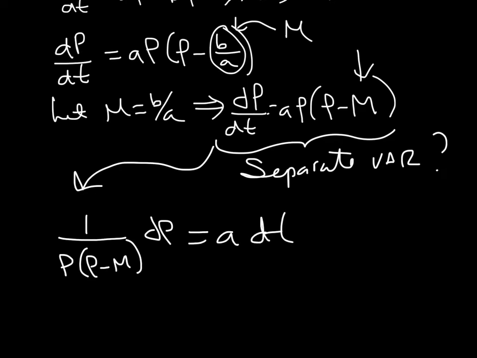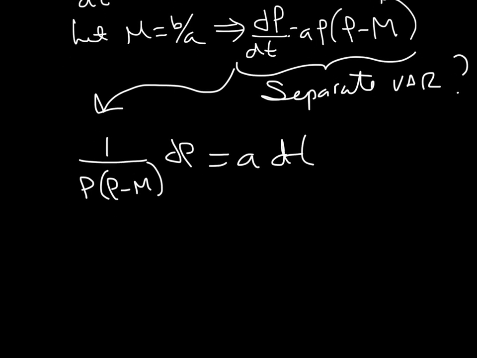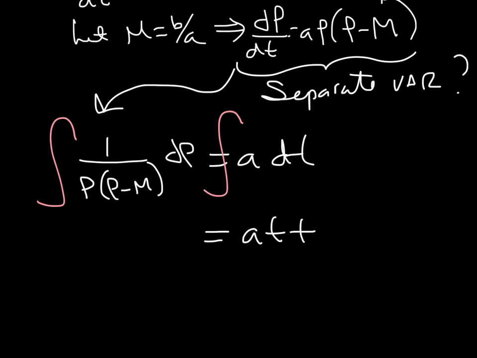And if you want to write your dP where that 1 is, in the numerator, that's fine as well. And so we separated our variables, so we can definitely integrate both sides. Now the right-hand side is very easy. We just get, right, at maybe plus some constant of integration.